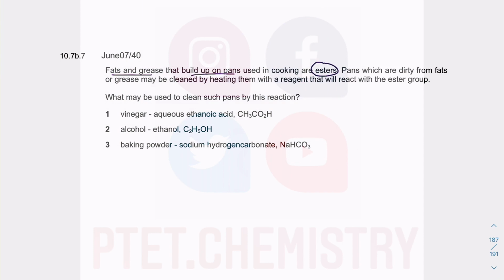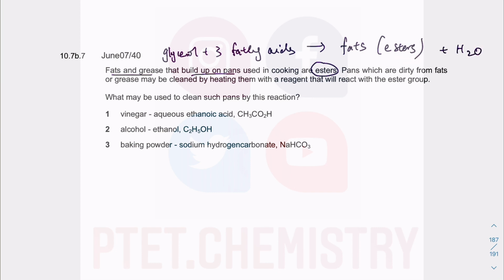If I remember this correctly, this was what I learned in biology: glycerol plus 3 fatty acids will give you fats, and fats contain the ester functional group. The alcohol bit and the carboxylic acid bit undergo condensation to form ester. It will kick out an unknown number of water molecules because that is a condensation reaction to form esters.